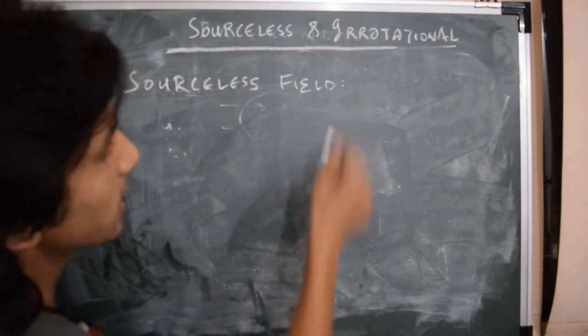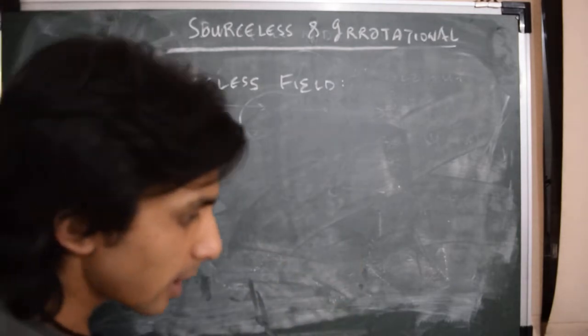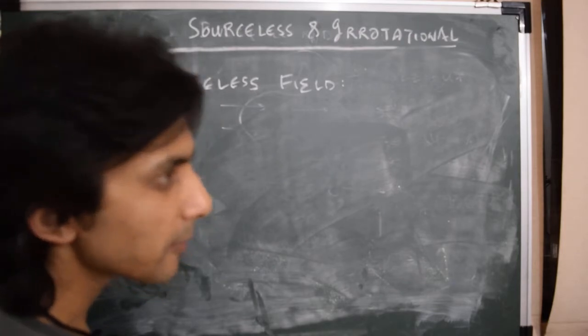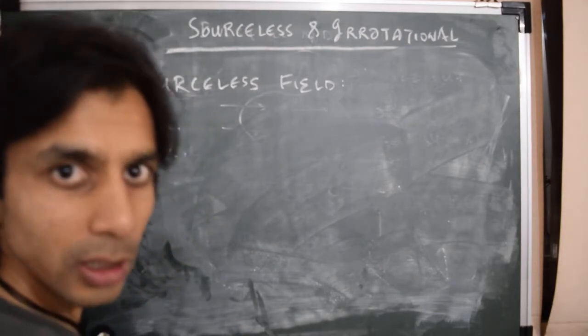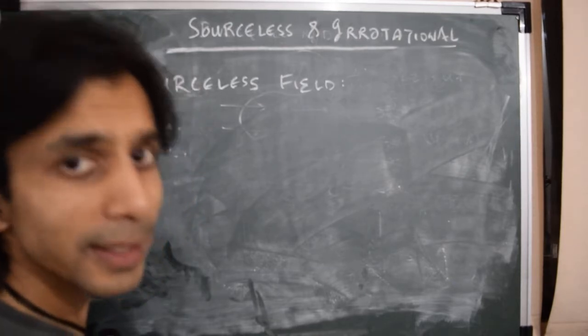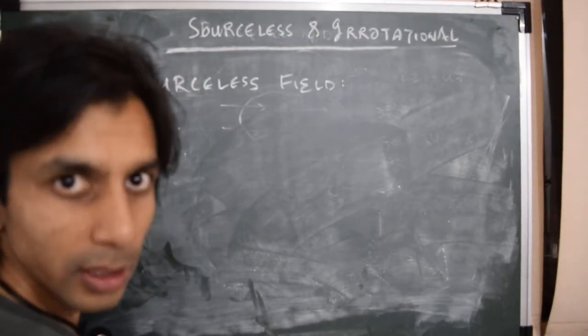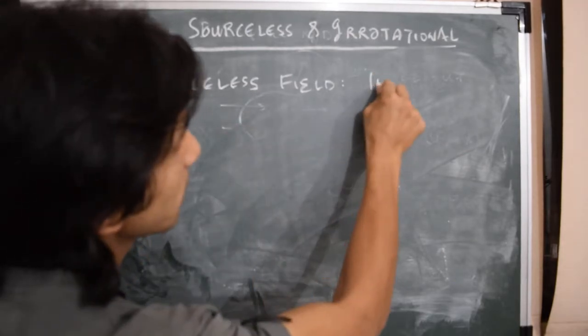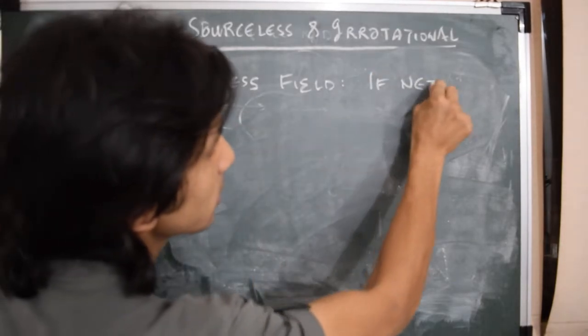And we just think of this as a definition. So we just say that a field through a region of space is sourceless if through any closed curve, any closed loop drawn through that region of space, the net flux through that closed loop is 0.